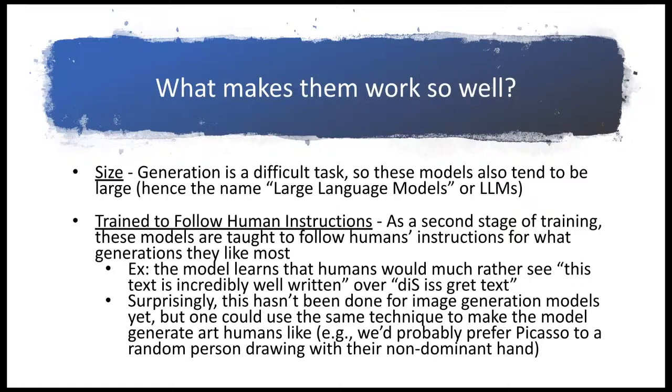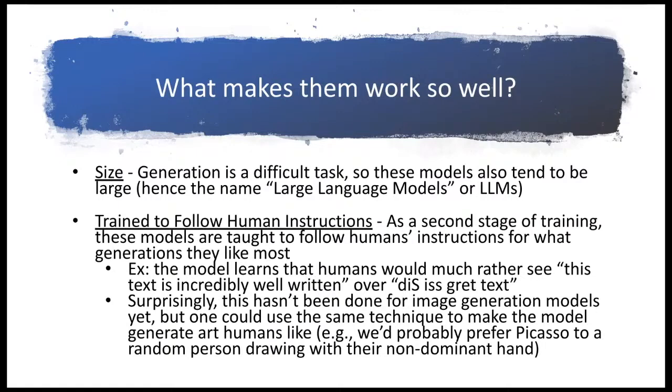The second thing is that many of these models are specifically trained to follow human instructions. There's a lot of data online, like Google Images or random Reddit threads, that models can learn from, and learn just how humans talk. But not all of this data is created equal, and naturally there are some forms of images or text that humans prefer more than others.